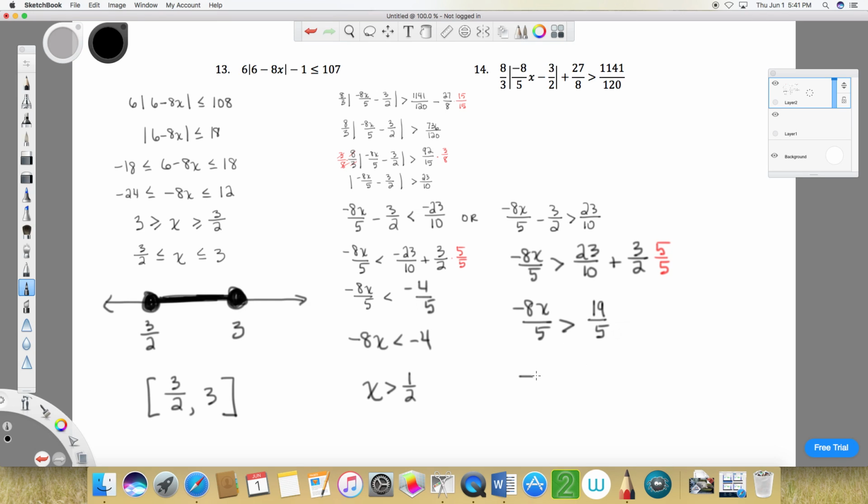Multiply both sides by 5. Yeah, I'll bet you I have done this. Divide both sides by a negative 8, change the direction of the inequality. So let's make a picture of our solution set.